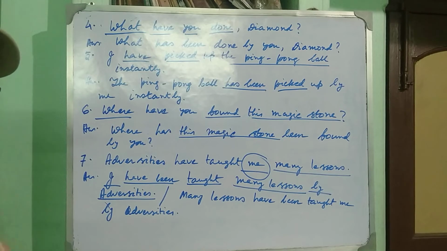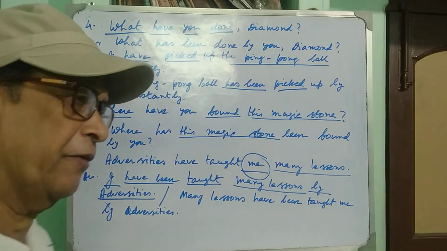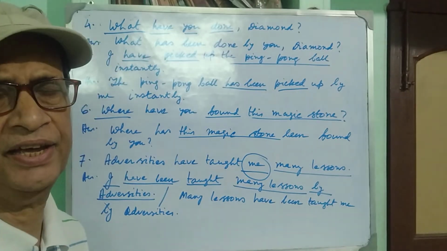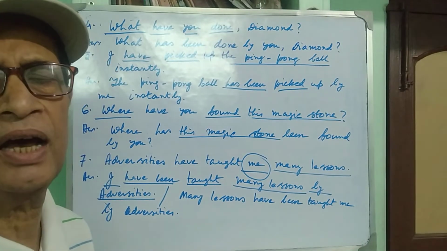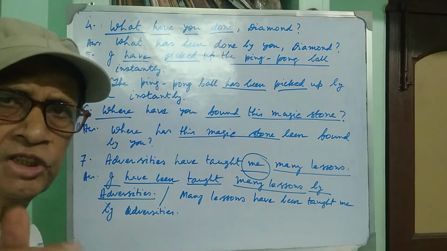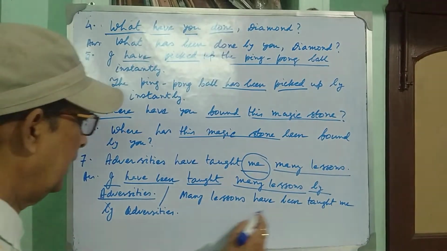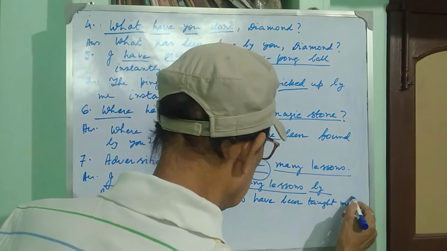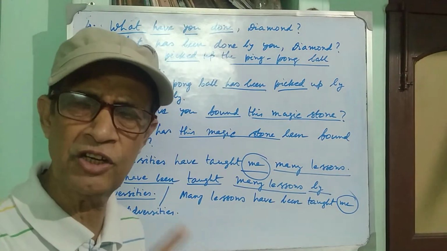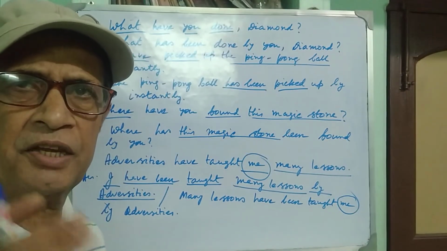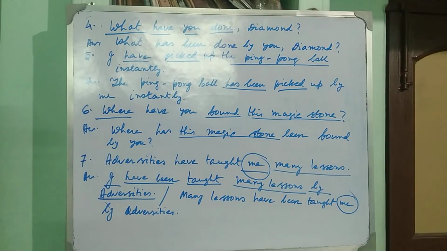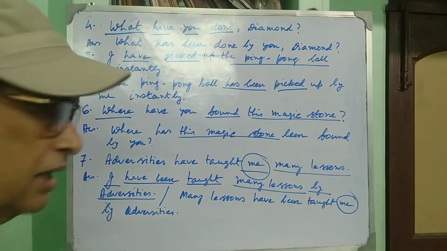In the second sentence, many lessons have been taught me, so me is the retained object, because it has remained the same. Okay? Now let us take another example.